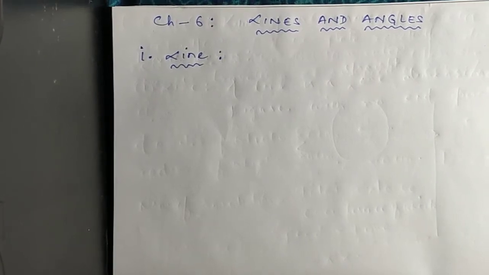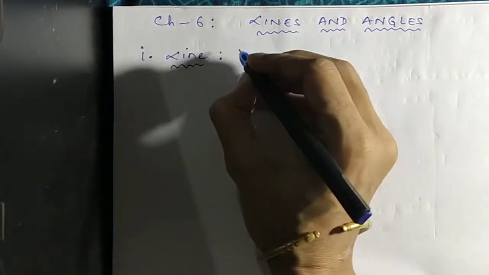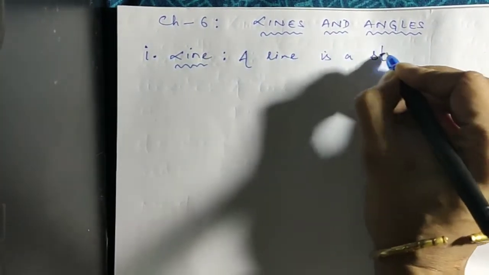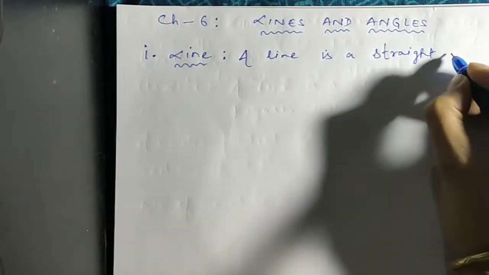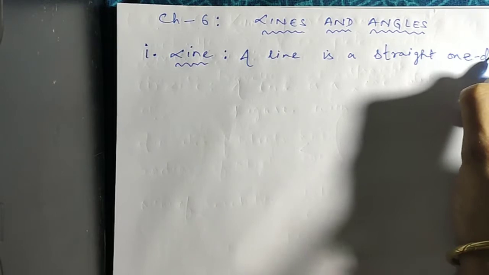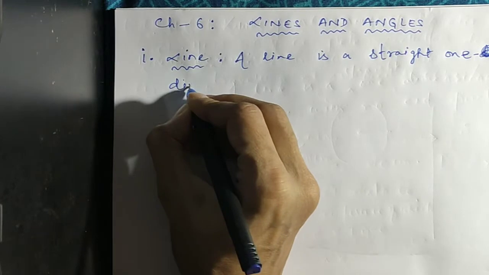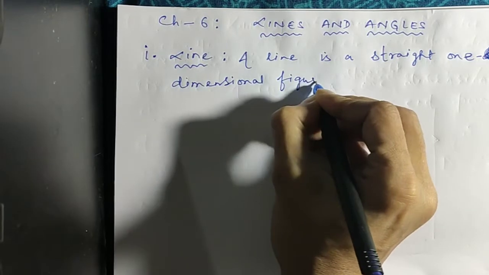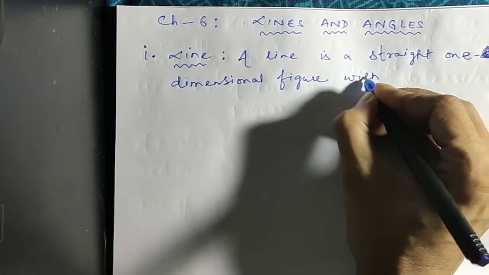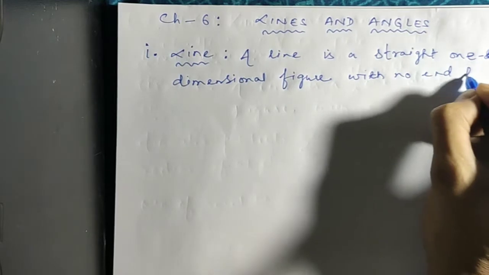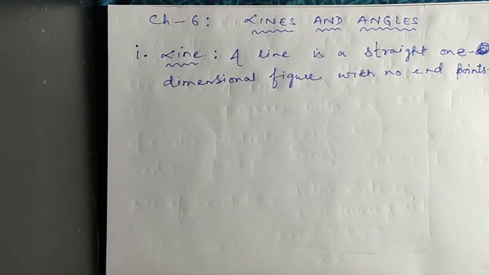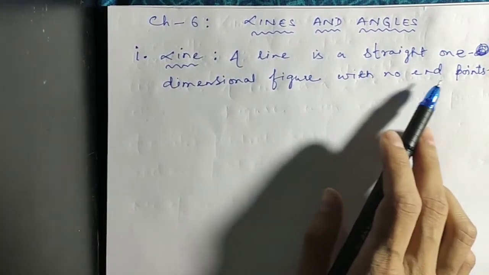A line is a straight one-dimensional figure with no endpoints. Okay, a line is a straight one-dimensional figure with no endpoints.